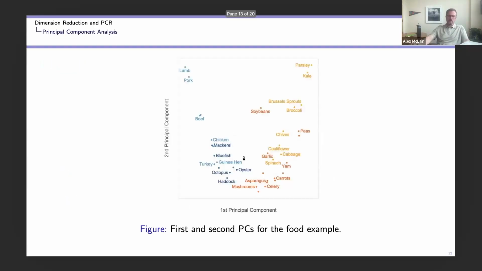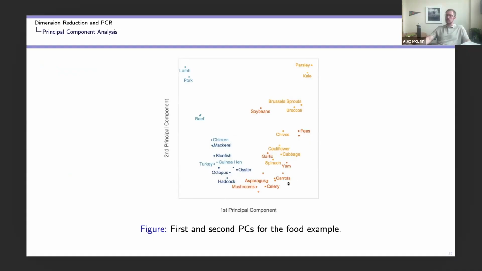Let's look at this plot first. This one looks at the first and second principal components with the labels for the foods that we have.